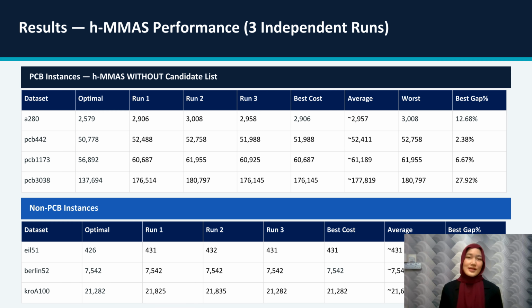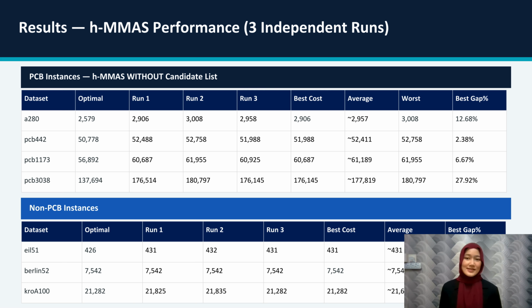To make sure the results are reliable, I ran each algorithm 3 independent times with different random seeds. As you can see in the table here, for the non-PCB datasets, Berlin 52 achieved exactly 0% gap from the optimal solution, which is a perfect solution found. Crow A100 also hit the exact optimal in one of the runs.